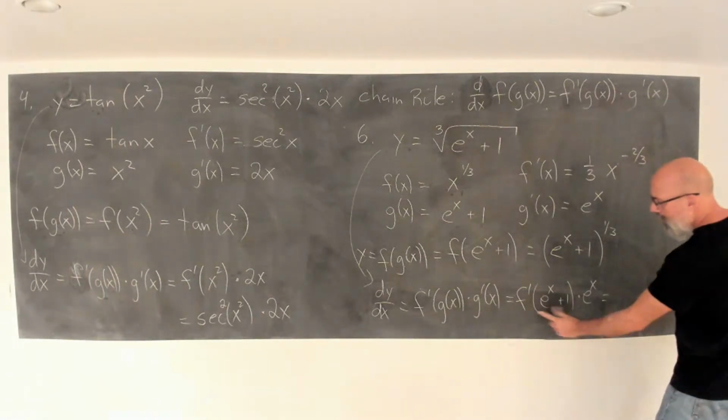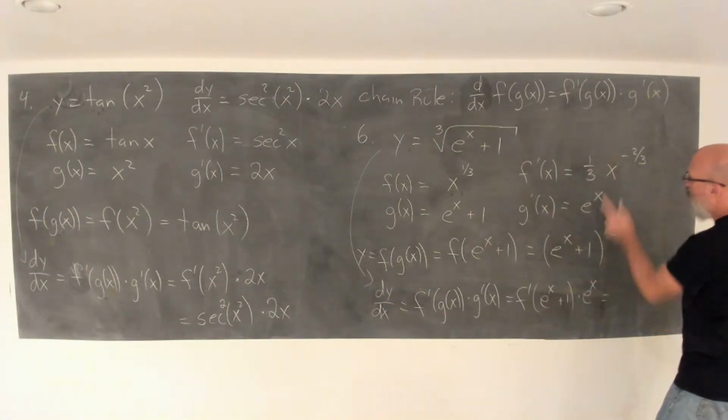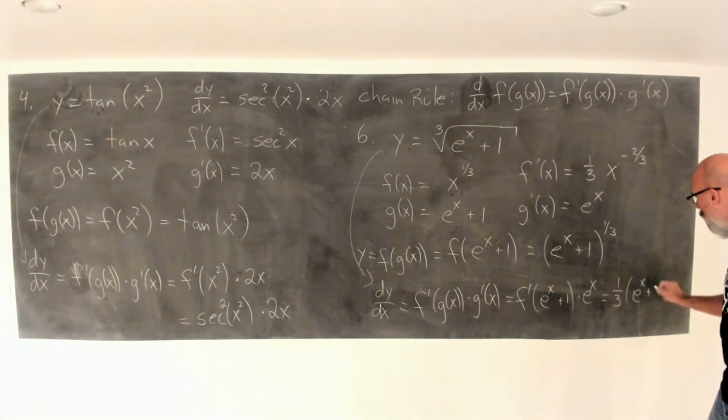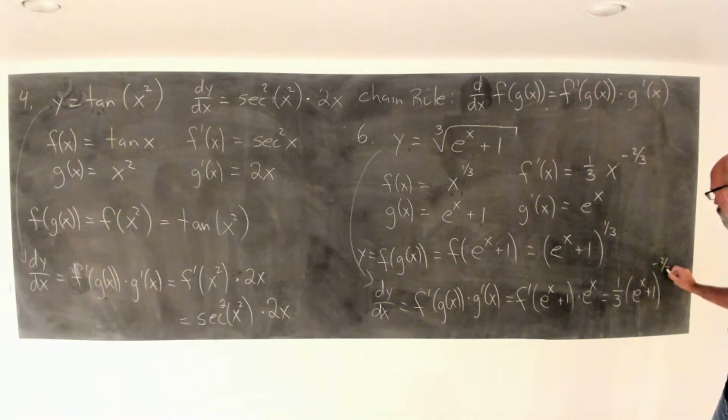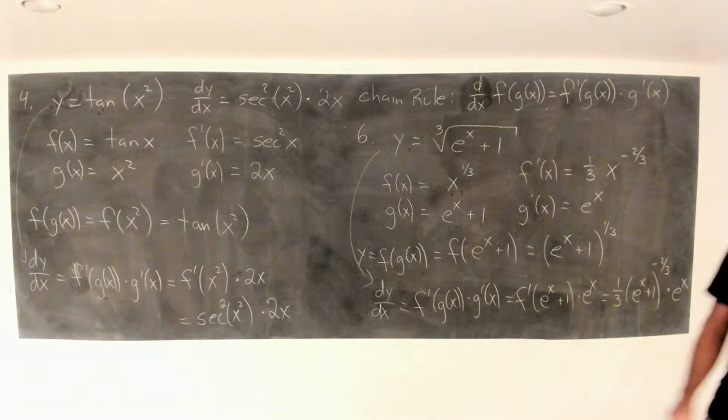And everywhere you see an x in f prime, you replace it with e to the x plus 1. So this is 1/3 times e to the x plus 1 to the minus 2/3, times the e to the x that was outside.